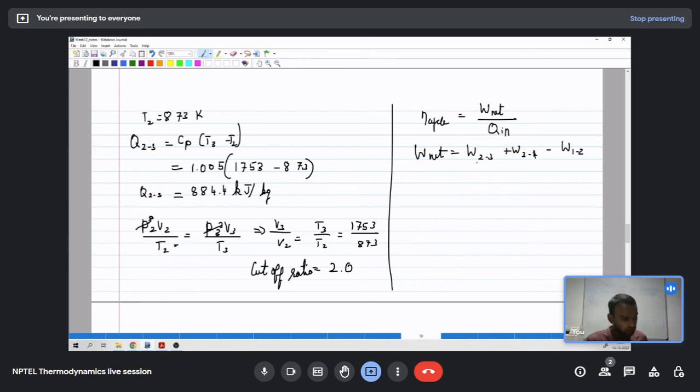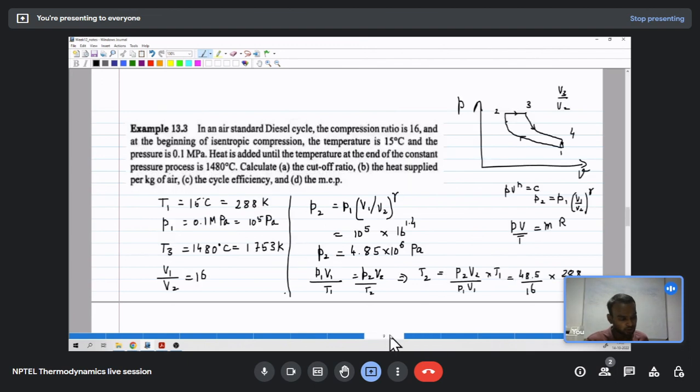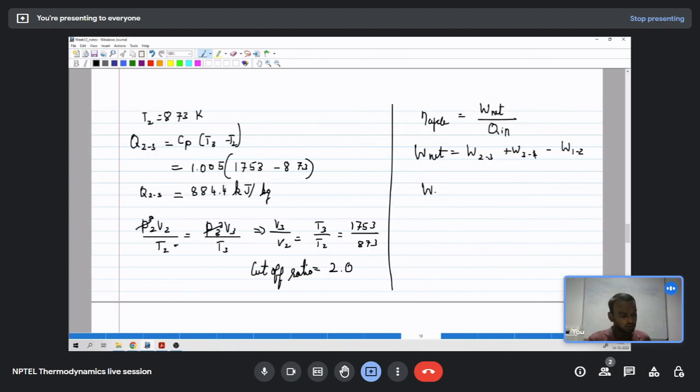So this is a constant pressure process, we have pressure into difference in volume, and for the 3-4 and 1-2 processes we have isentropic expansion and compression. So we have this relation: work done during an isentropic process is equal to (P1 V1 minus P2 V2) by (gamma minus 1). So this is the formula to be used to calculate the isentropic work during compression and expansion.